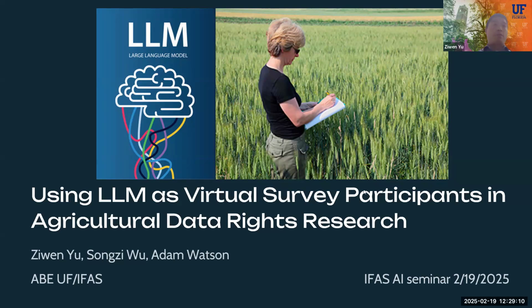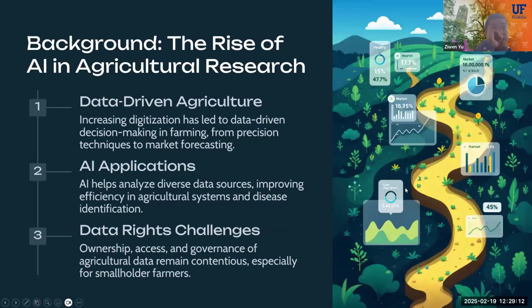Some background. As we know, AI has been changing the whole world, including agriculture. We're now using data-driven technologies to improve efficiency and efficacy in farmer operations and practices in the supply chain.